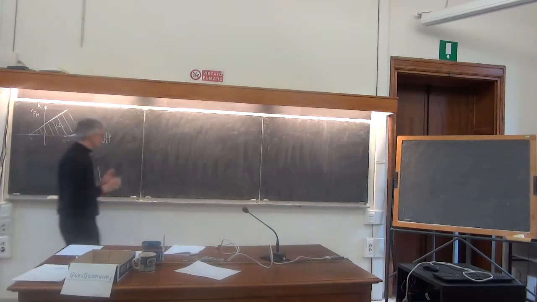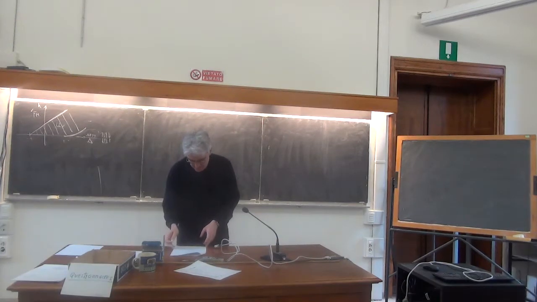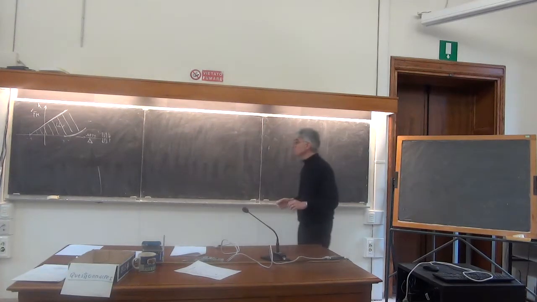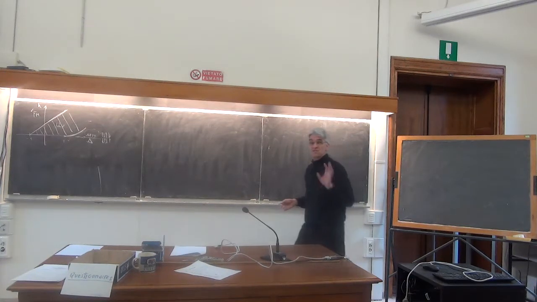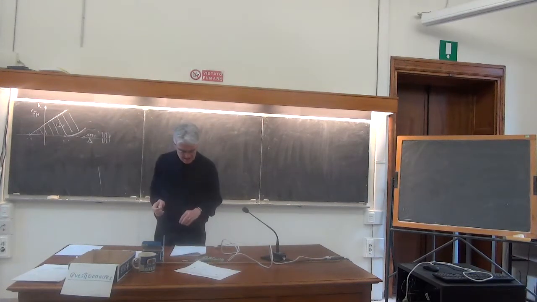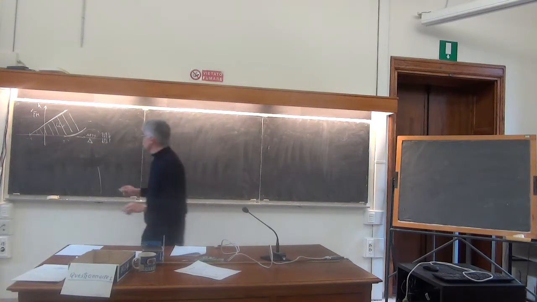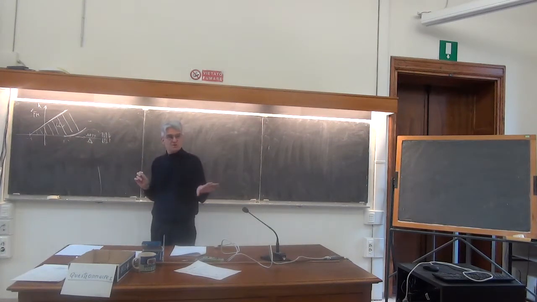Yeah? And in order to understand this, we have to combine this bosonization approach with another method, which is called renormalization group. And renormalization group will essentially tell us how to understand what happens here. Okay, and this will also answer your question.